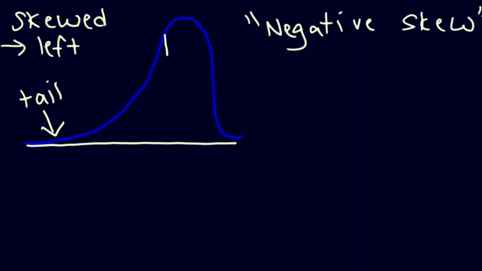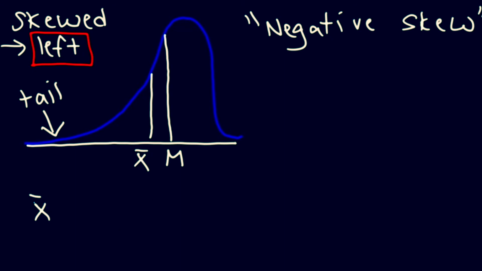So where is the median? The median is, of course, here. And where is the mean? The mean, of course, will be at the left. The mean is going to be at the left of the median when it's skewed to the left. So the mean is less than the median. And where is the mode?